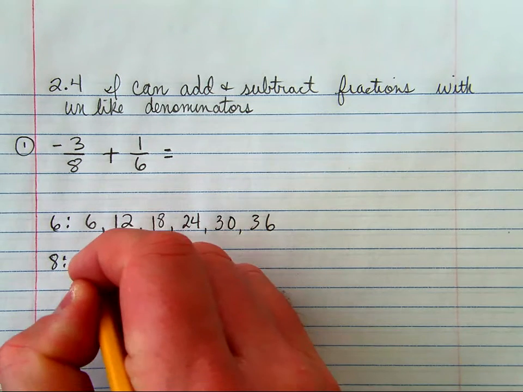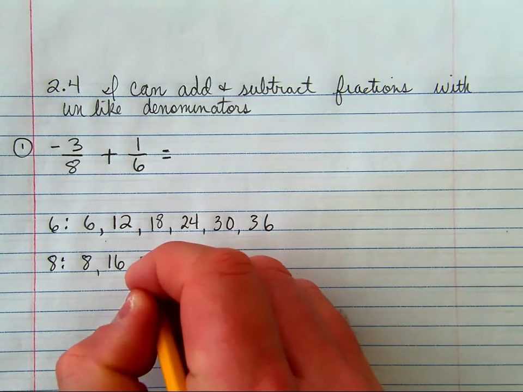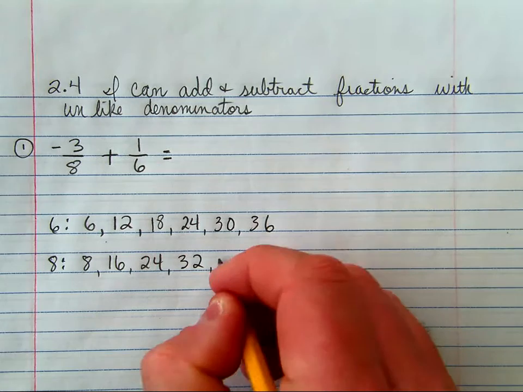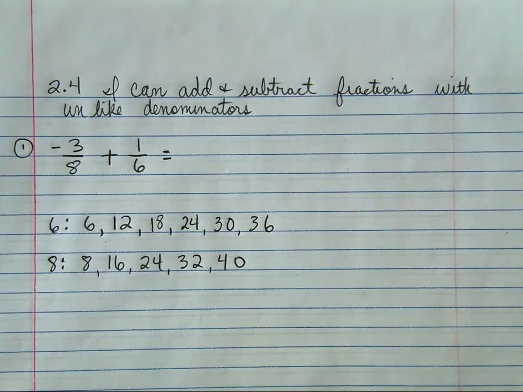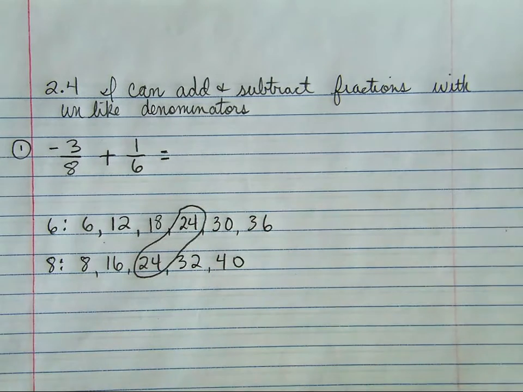8 times 1? 8 times 2? 8 times 3? 8 times 4? 8 times 5. Did we get a match somewhere? 24 is our match. So that means 24 is our least common multiple, which means that 24 is our common denominator.